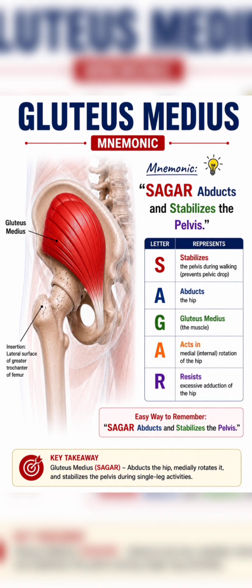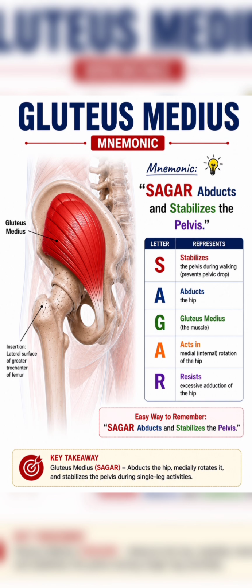So let's learn how to remember them. The mnemonic I got here is SAGAR: Sagar abducts and stabilizes the pelvis. Just remember Sagar. S stands for stabilization of the pelvis during walking, A is about its action, that is abduction, it abducts the hip.